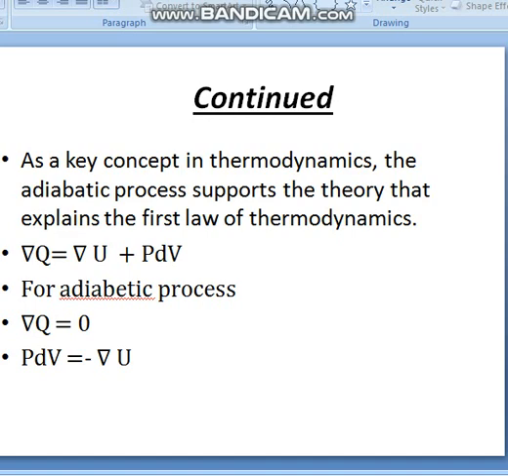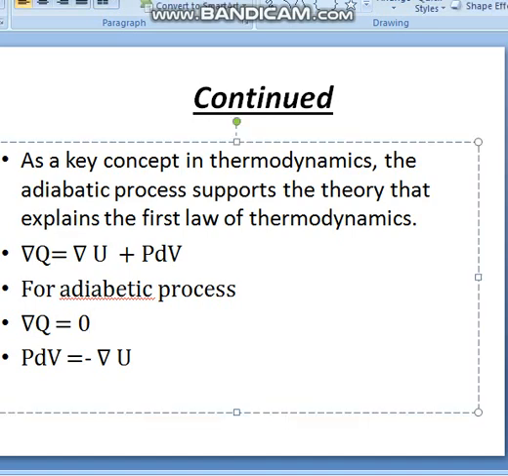So for an adiabatic process, delta Q is equal to 0. It means that there is no exchange of heat with the surroundings.